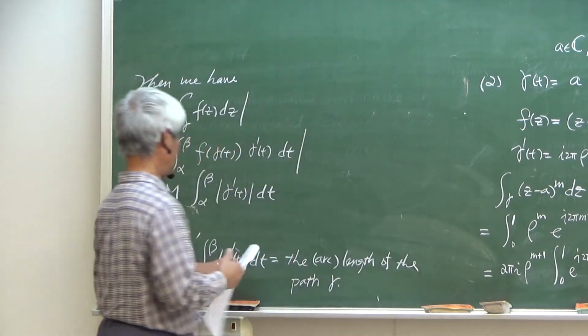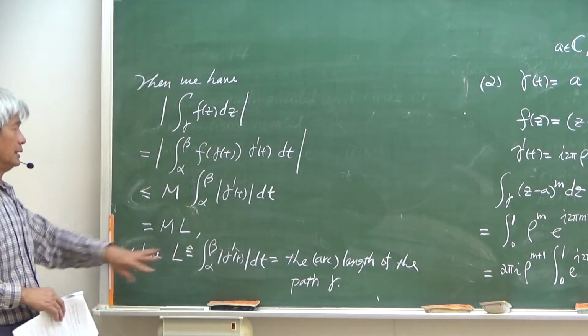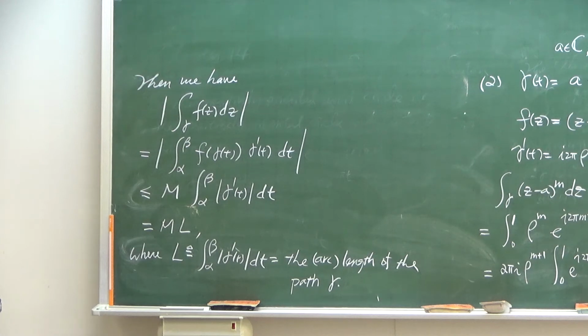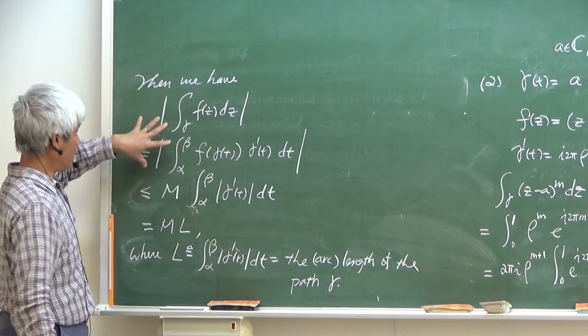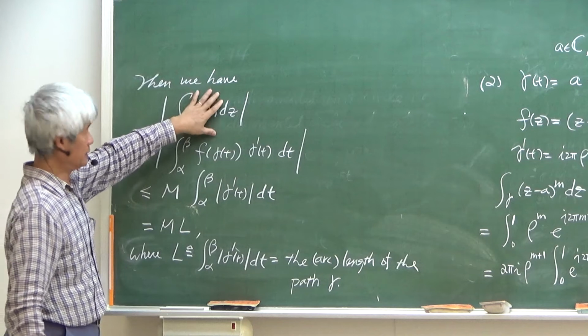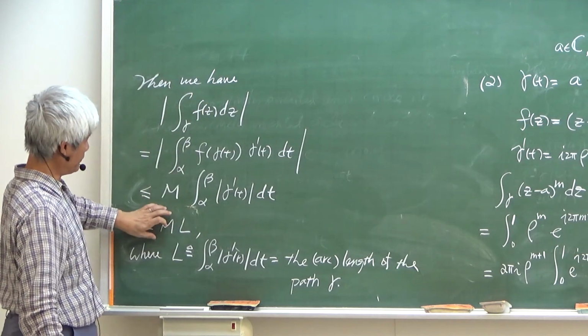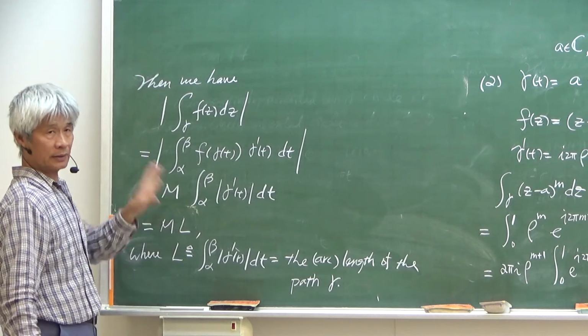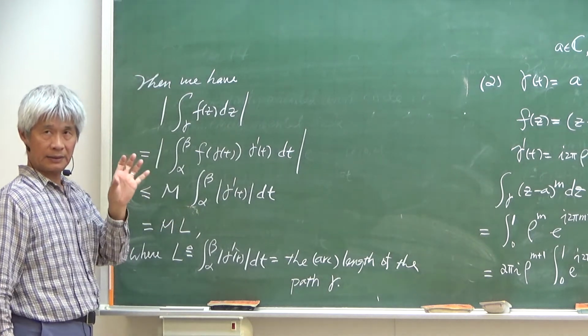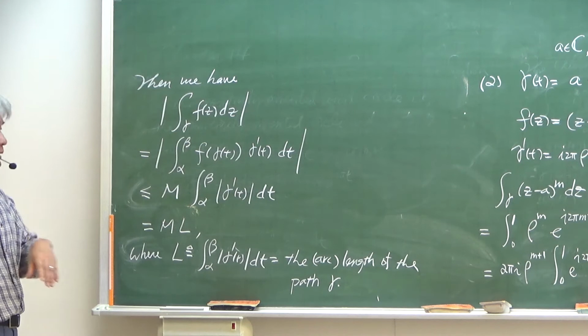So for any line integral, we can bound it by a sufficiently big number M times the arc length of the path. Okay?